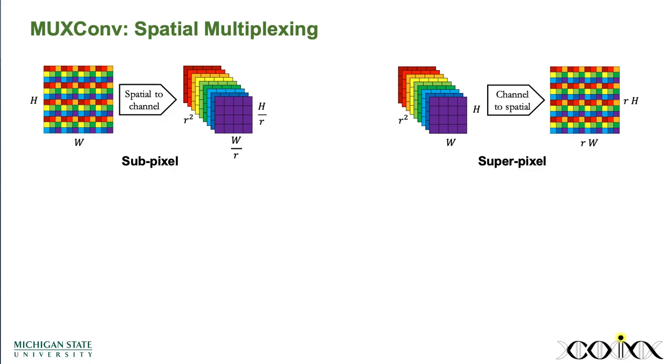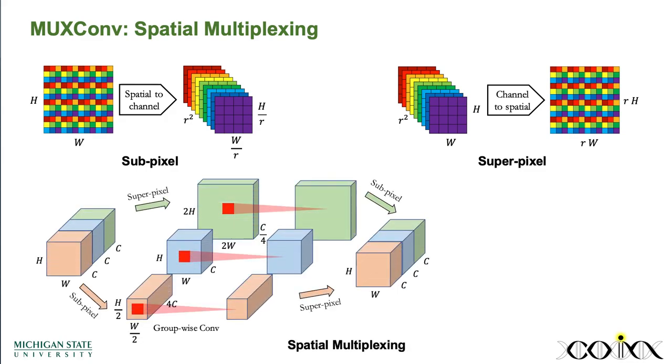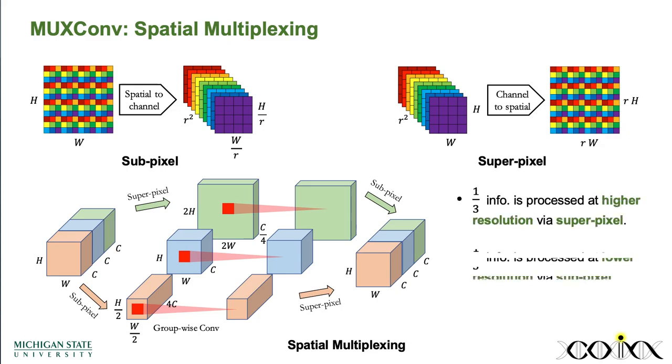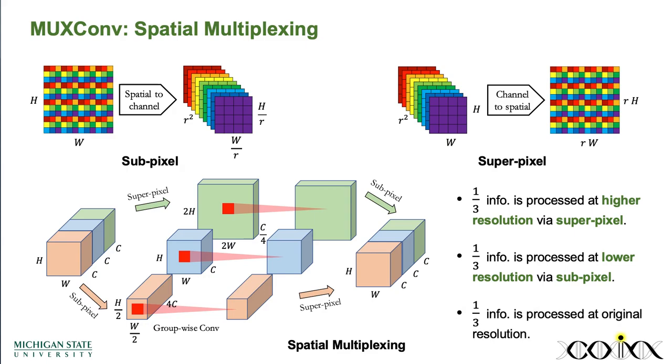With these two operators, the spatial multiplexing works as follows. It processes a subset of the input features at higher resolution via superpixel and another subset at a lower resolution via subpixel. These processed features are then concatenated together at the same resolution. Please note that we use group-wise convolution instead of depth-wise convolution.